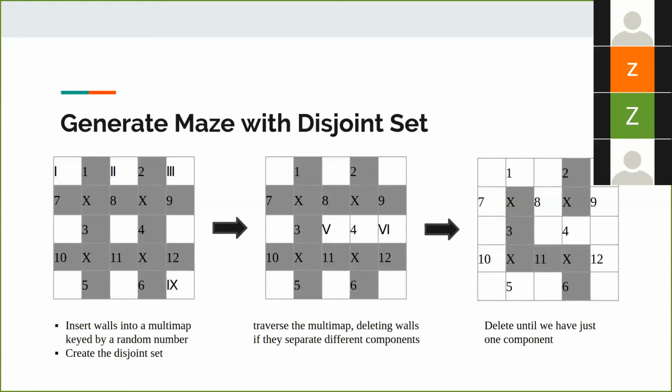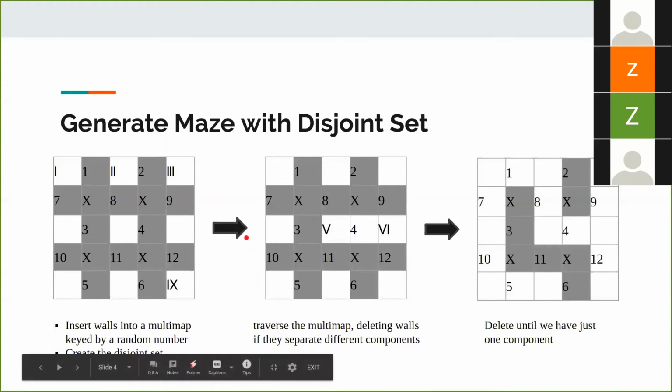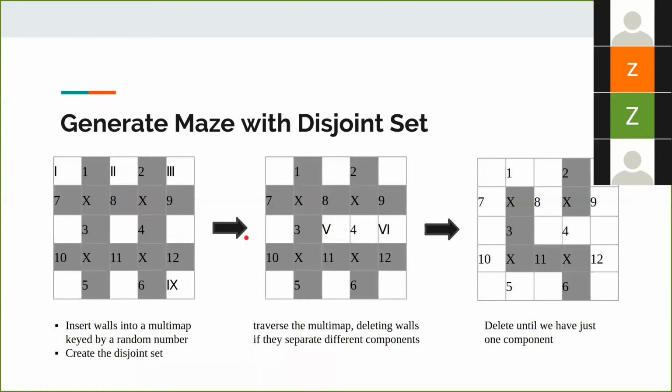Then we can start to generate the maze with disjoint sets. In the middle picture, you can see, for example, the first wall is keyed on the smallest random number, and it separates cell 5 and cell 6.